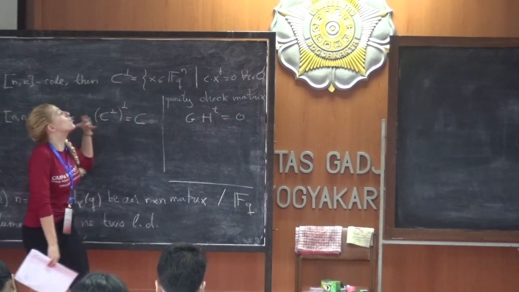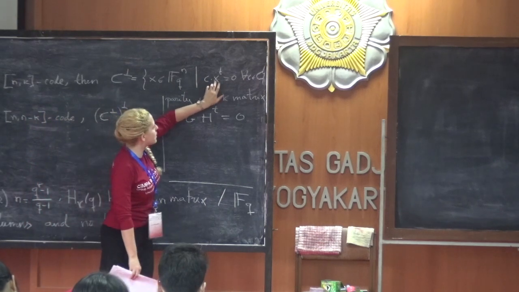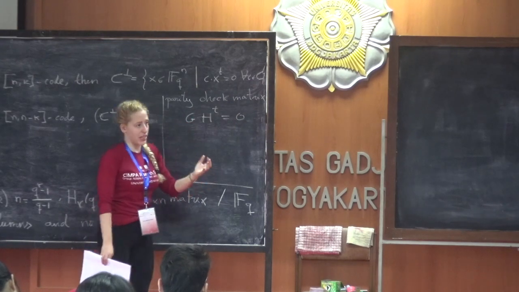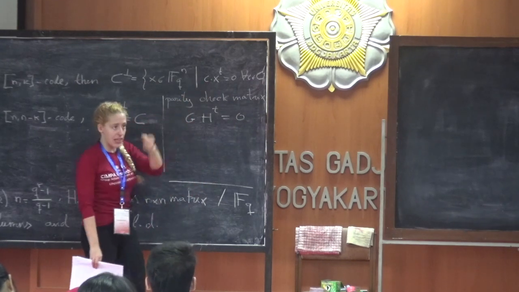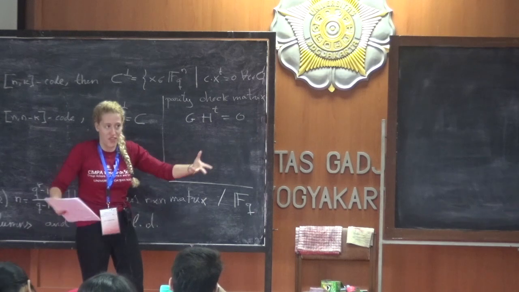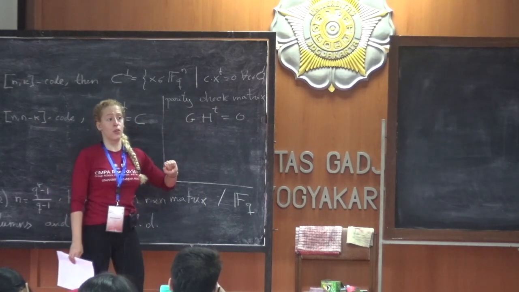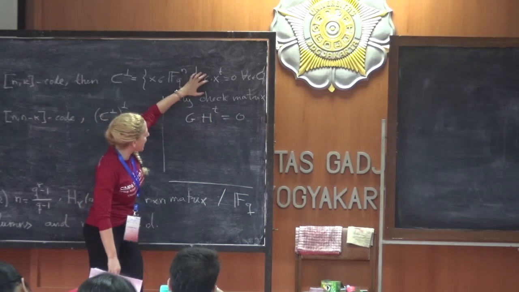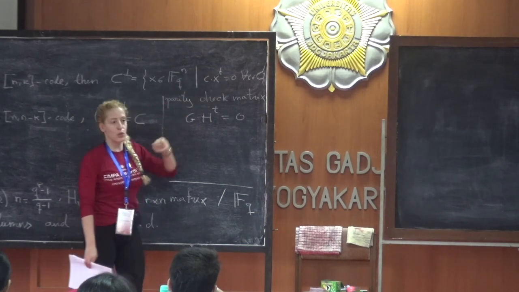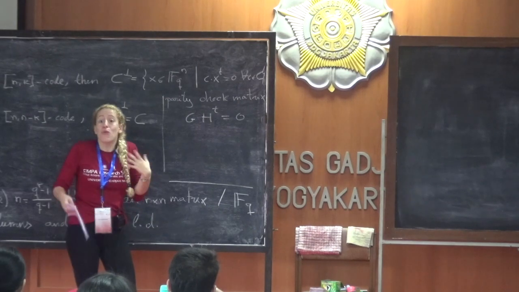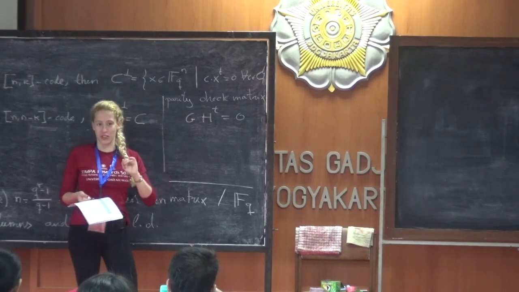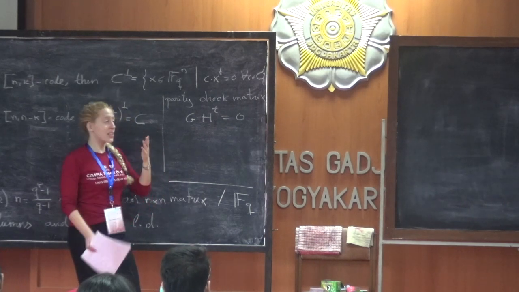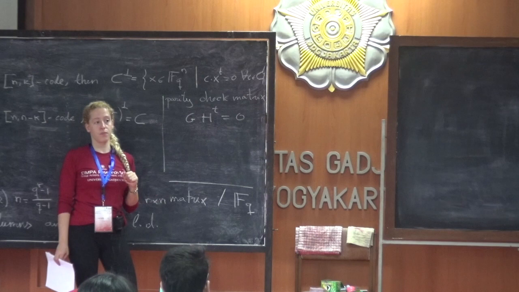If you want c times x transpose to be 0 for all c in C, it is enough to check it when c runs over the elements of a basis. So it's enough to do G times x transpose equal to 0. We have generators of these vectors, the equations that are satisfied by the code, and those are the ones given by the parity check matrix.